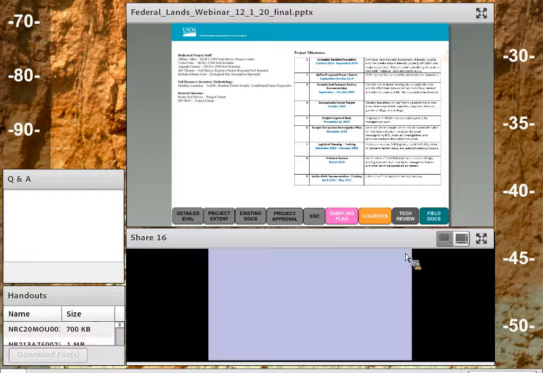So, for instance, when we're giving dates of when we propose to be out in the field, the logistic planning, when we propose to do a technical review, which hopefully members of your cooperating team would be in, all of that upfront time is going to help us on the end, because that's less time that our cooperator would have to spend in the field doing any kind of clearance or logistics. It's just giving them all of the necessary information up front so that we're not having a lot of setbacks in the actual field campaign.